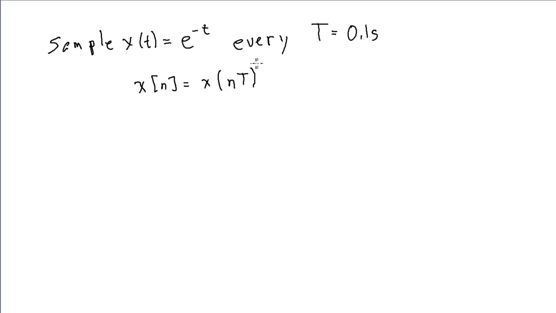With n equal to 1, I would sample at little t equal to capital T, or 0.1 seconds. With n equal to 2, that would be a sample of x of t at little t equal to 0.2 seconds. So plugging in nT for little t, I get e to the minus nT, or e to the minus 0.1 n. And then I can sketch this sequence as a function of n.